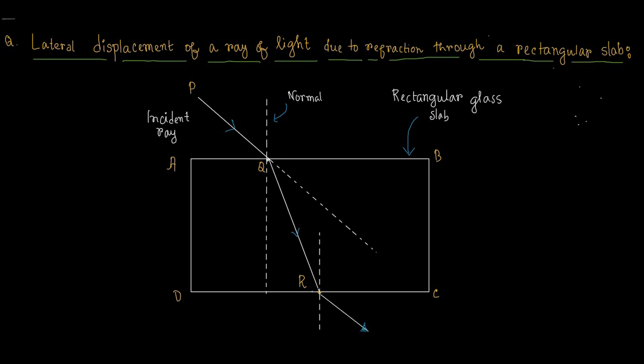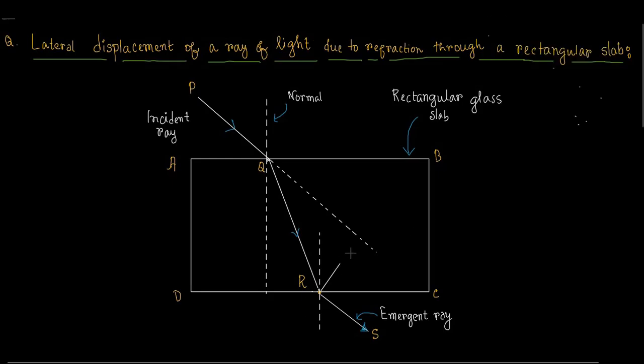QR is the refracted ray which will be incident at the point R on the second refracting surface, and the ray will emerge along the direction RS. RS is the emergent ray with respect to the second refracting surface DC of the glass slab, which emerges out of the rectangular glass slab. Now we can denote the lateral displacement.